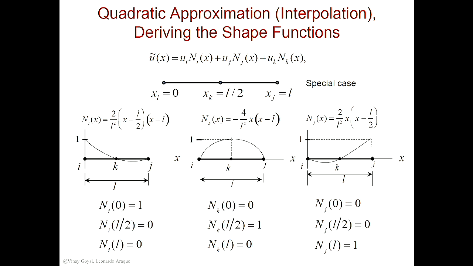And if I take the middle one, it's like a parabola. It is a parabola. And it's maximum here at the center, 1, and then 0, 0 here. And then finally, I have this third one, which goes with this guy here. You can see very quickly how it goes to 1, but 0 and 0 there. So with numbers, you can also see that it works out.